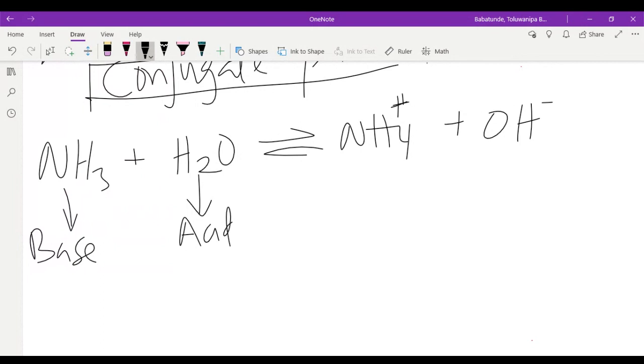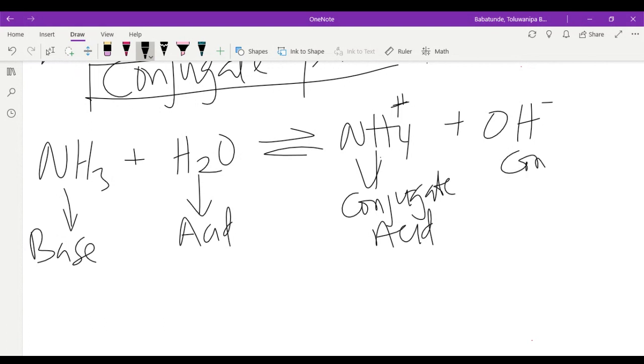When we go to the product side, this becomes the conjugate acid. And if this is our conjugate acid, this becomes our conjugate base automatically. So a base accepts a proton and it becomes a conjugate acid. And an acid donates a proton and it becomes a conjugate base.